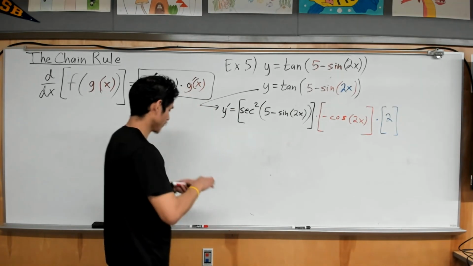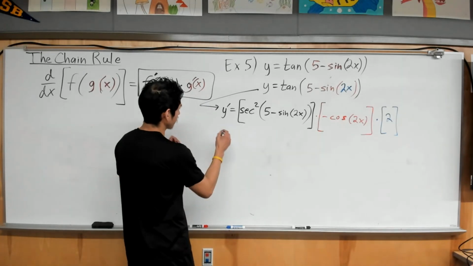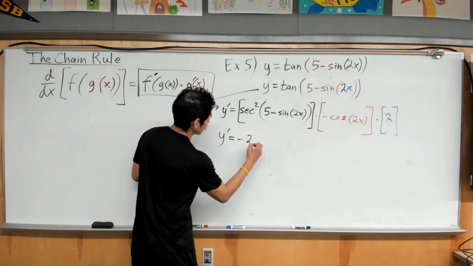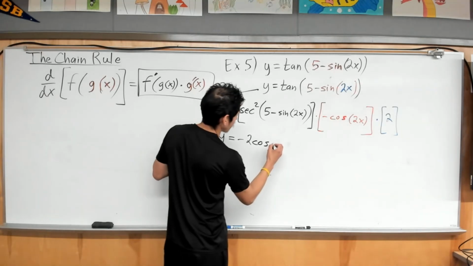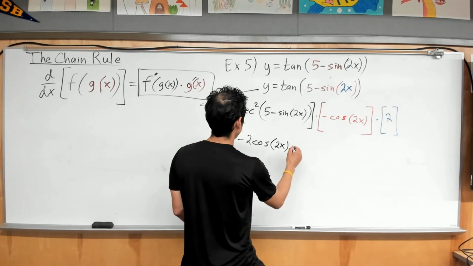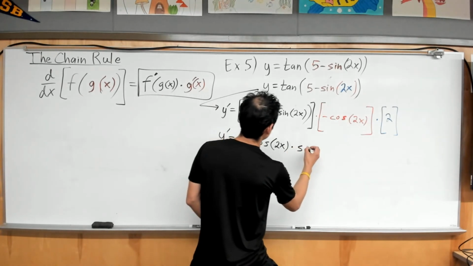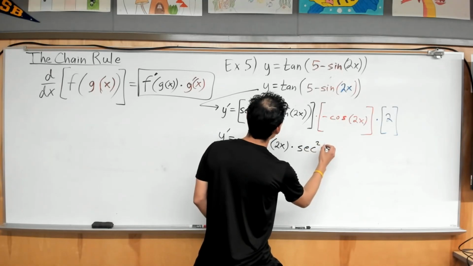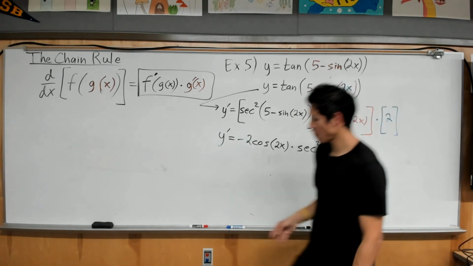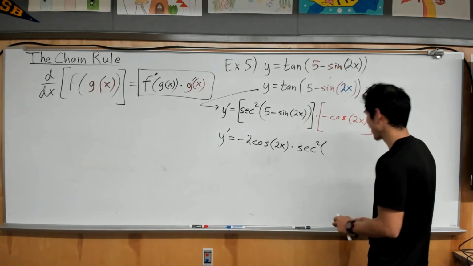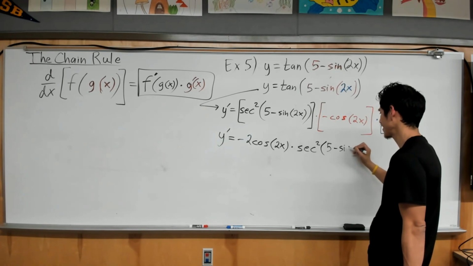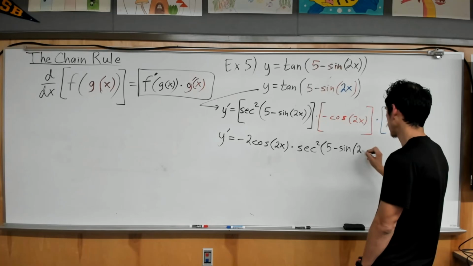It will be more cleanly understood if you write it as y prime is negative 2 cosine of 2x multiplied by the secant squared of 5 minus the sine of 2x.